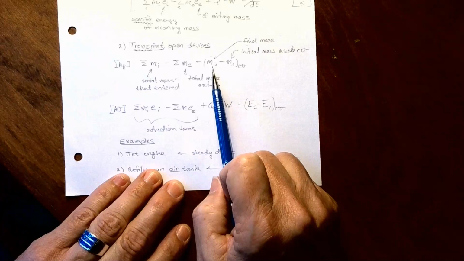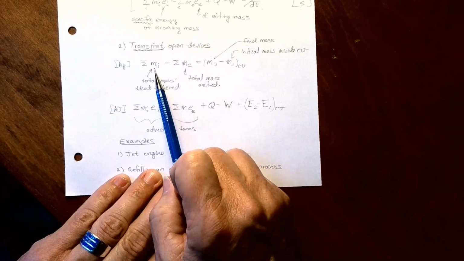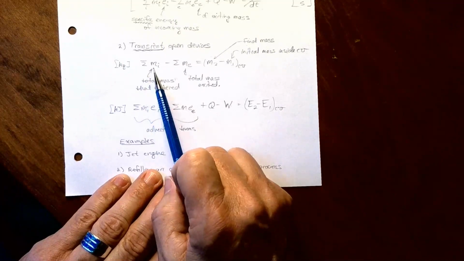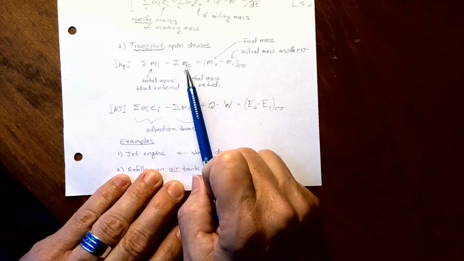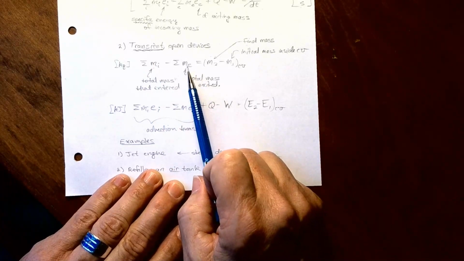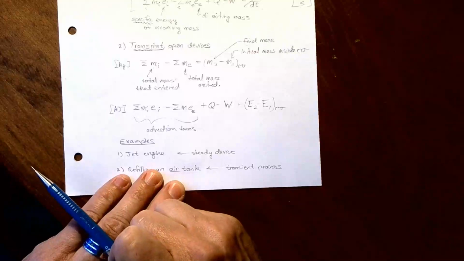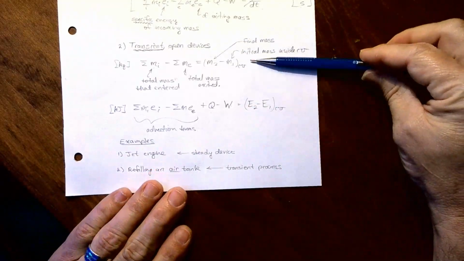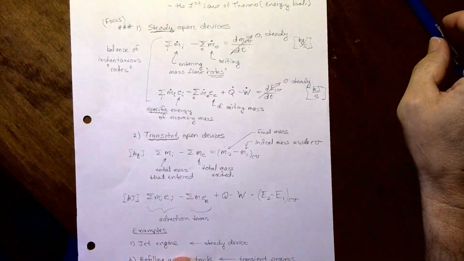This M2 means the mass that's inside the volume at time 2. This mi means the mass that was outside and is now inside the system, the amount of mass that has moved across the boundary into the system, and this is the amount of mass that has moved across the boundary out of the system. It was once in the system, now it's out of the system. So kinematically, these variables mean something different than these variables for the steady state.